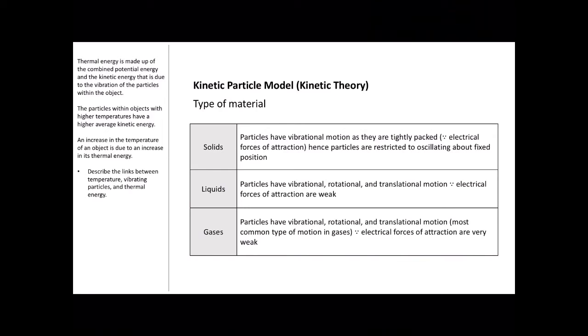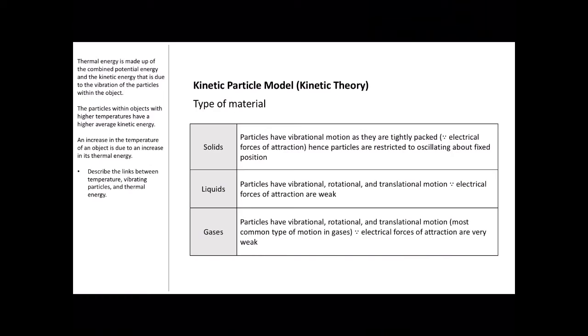In liquids, particles have vibrational, rotational, and translational motion, and this is because the electrical forces of attraction are weak, so there's more freedom for the particles to move around in those different ways. With gases, particles have, again, vibrational, rotational, and translational motion, and translational motion is the most common type of motion in gases.